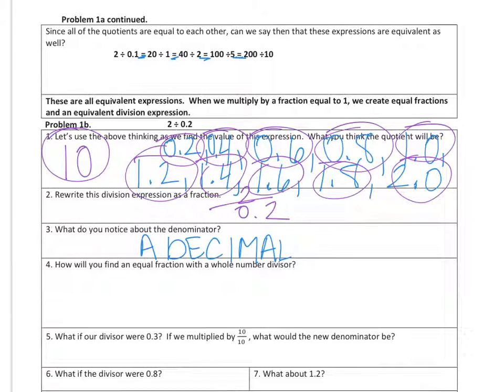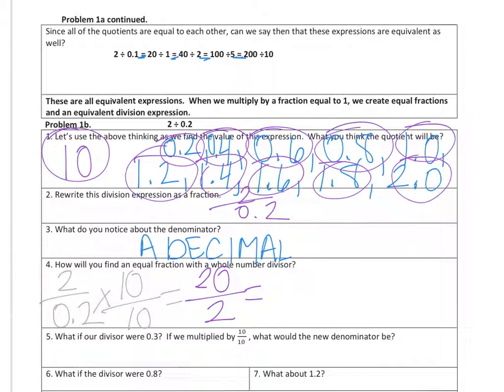Well, let's do just what we did last time. Let's multiply by 10/10. So we have 2 times 10/10, which is going to give us 20 halves. And then we know how to reduce that. 10/1, which you and I usually like to call 10.